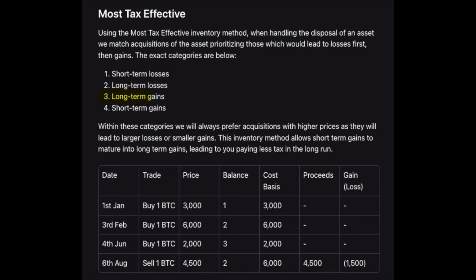Therefore, it wants to use them up so you can recognize those losses now. Then it's going to be quite clever and use long-term gains first. It's still going to look for the highest cost base amongst them, but using the long-term gains so you can get that 50% discount. Then it will move on to your short-term gains, and again, it's still going to look for the highest cost base of that particular class of short-term assets.